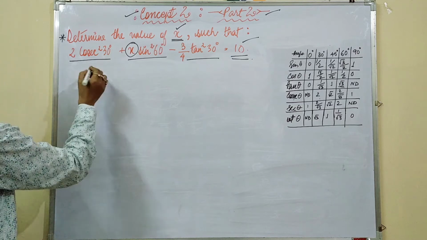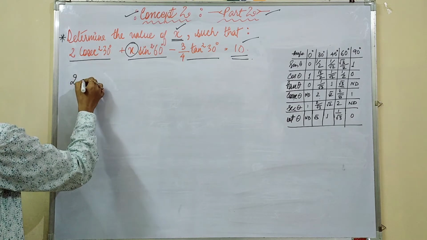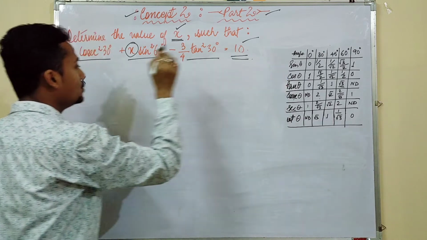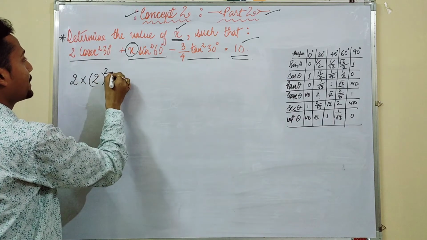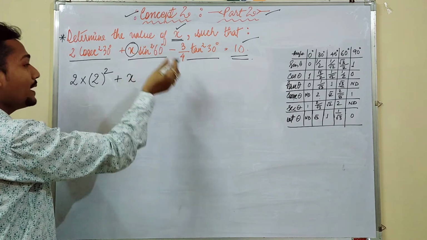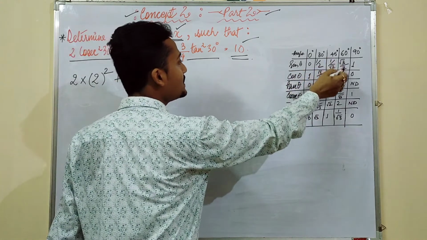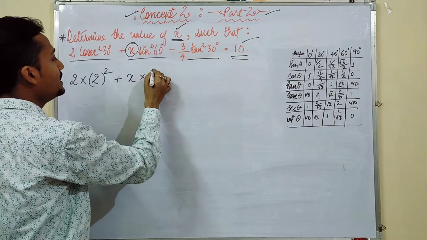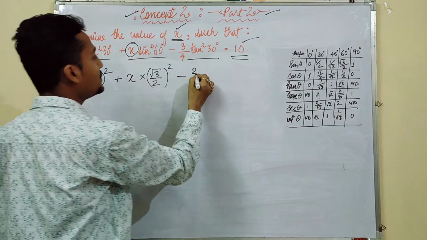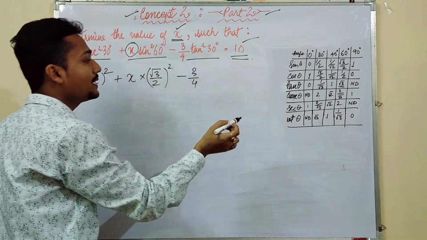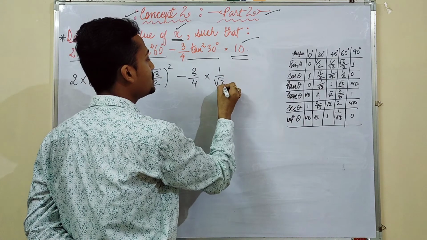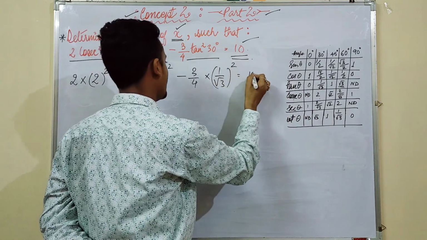Okay, so 2 cosec square 30. Cosec 30 degree is equal to 2, that means 2 square, plus x we will leave as it is, then sin square 60. Sin 60 is equal to root 3 by 2, whole square, minus 3 by 4 tan square 30, where tan 30 is 1 by root 3, whole square, is equal to 10.